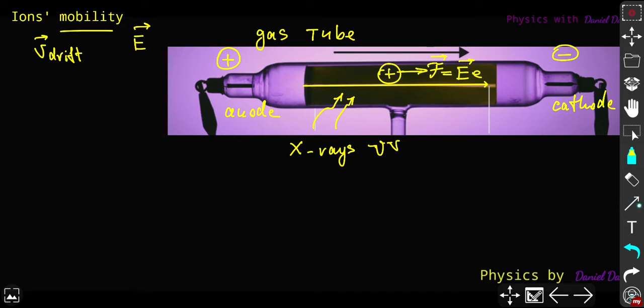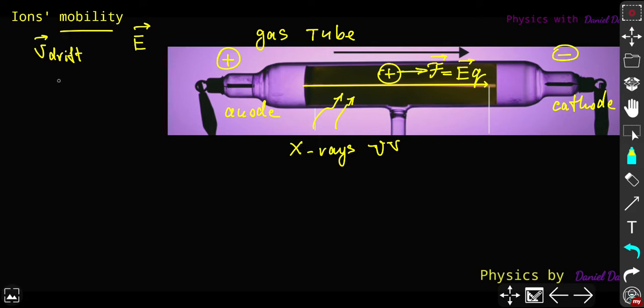So obviously, instead of e, we can use the general charge Q of this ion because we don't know in advance how many electrons were torn off due to the process of radiation, and hence generally set up Q as the charge of this ion. Of course, there will be different ions, but on average, we can take the effective charge. So Q will be the effective charge of this ion.